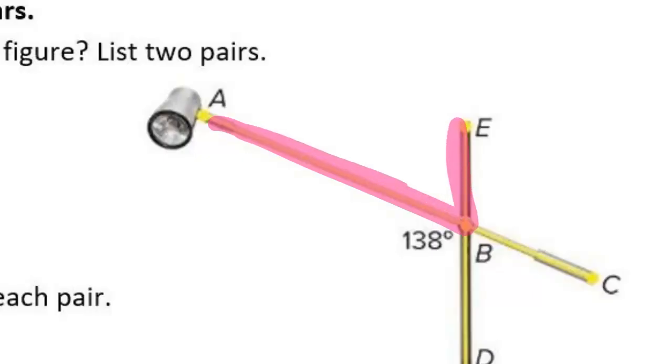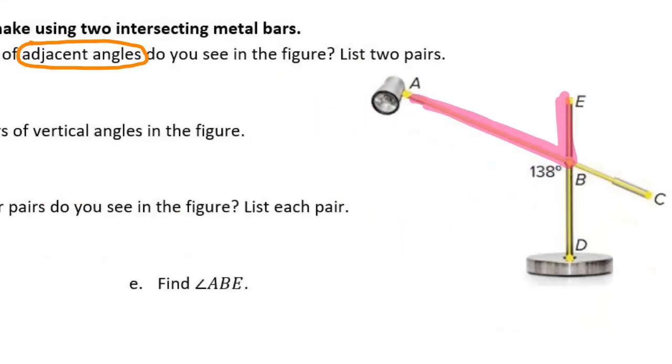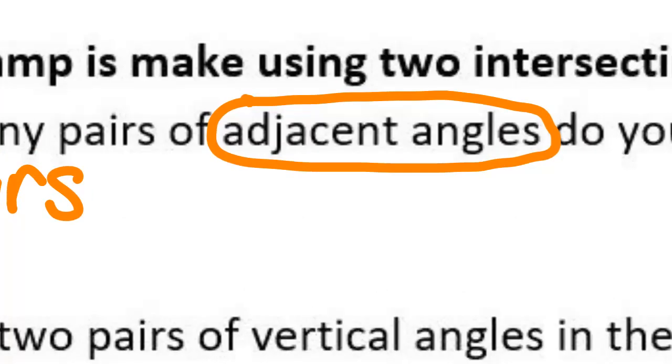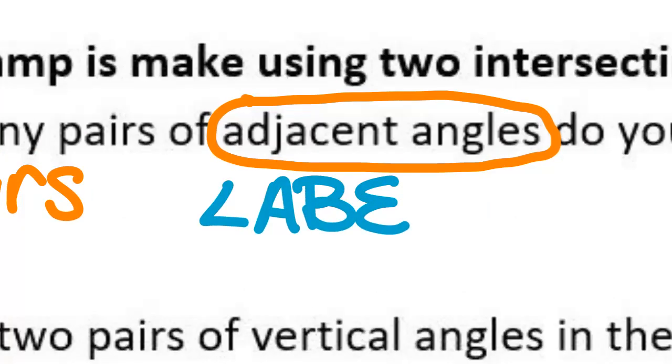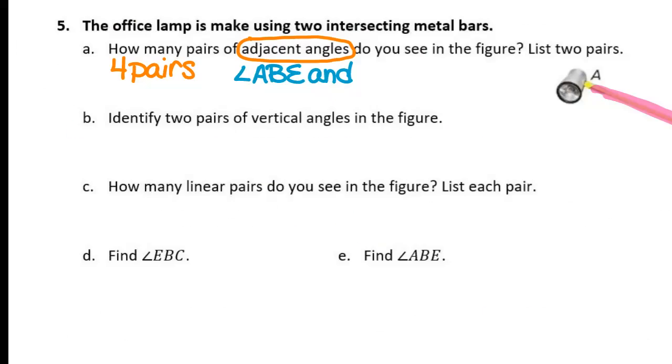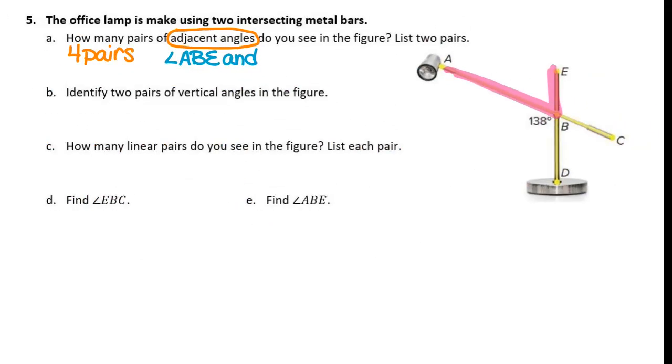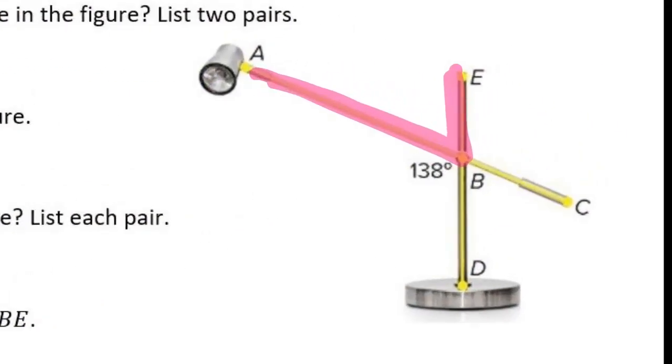Let's start with this angle here. What would the name of that angle be? ABE. Angle ABE. And now I need an angle that is adjacent to that so that it has a shared side. It either has to share this side here or it has to share this side here.